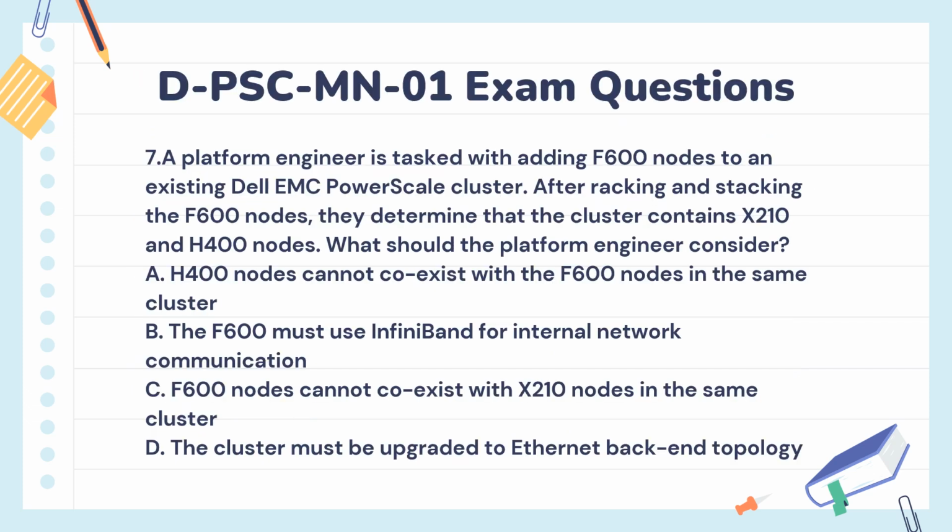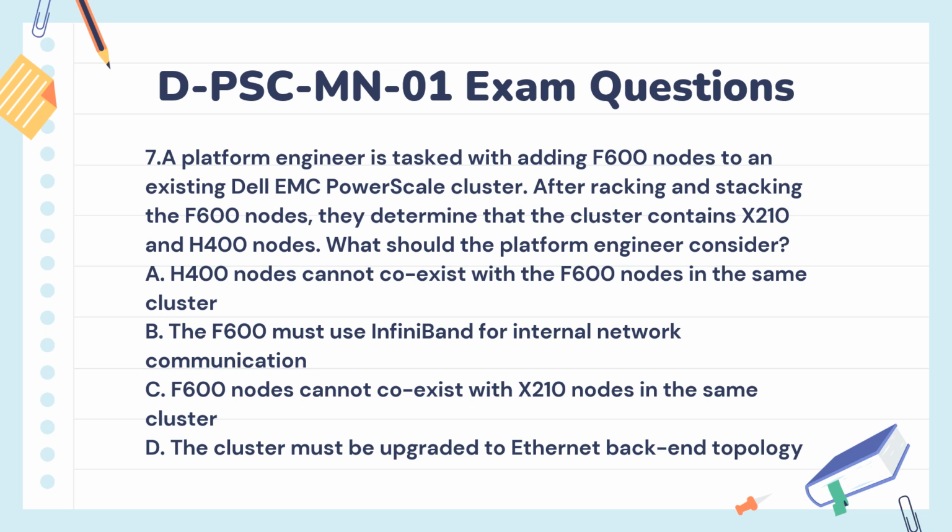A platform engineer is tasked with adding F600 nodes to an existing Dell EMC PowerScale cluster. After racking and stacking the F600 nodes, they determine that the cluster contains X210 and H400 nodes. What should the platform engineer consider?